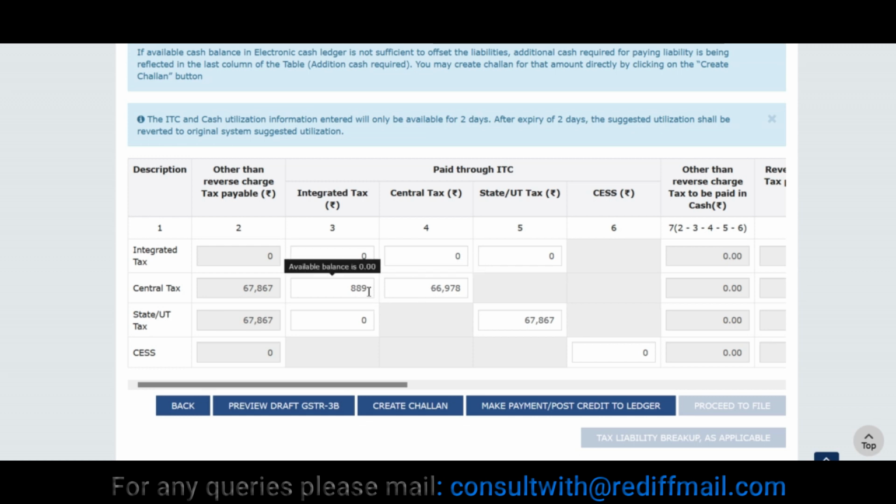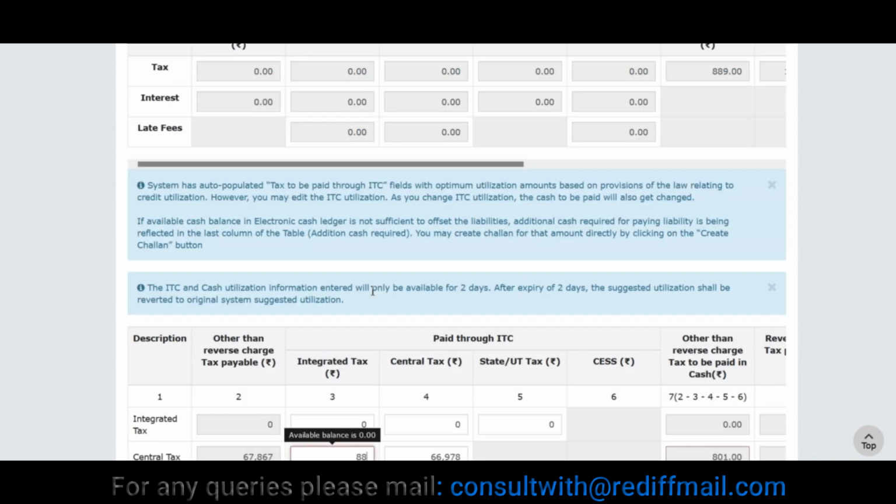At the same time, if it is 0, then you have to change this amount, and if it is 889, then you have to change this amount also. Let us see. I want to make it 0. Then you have to change it.